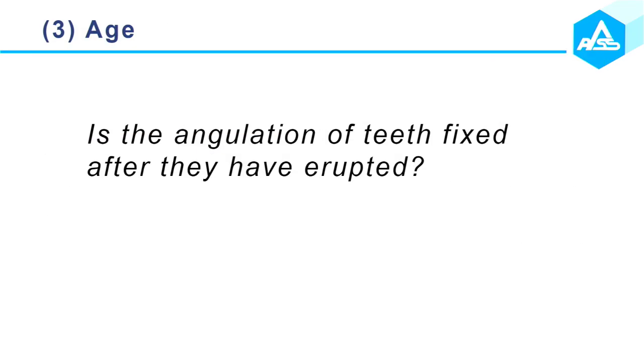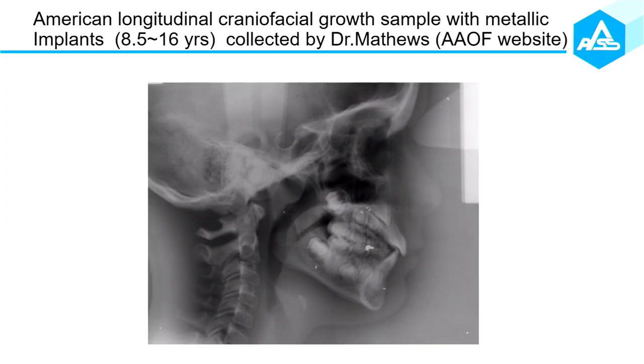Third one, H. Is the angulation of teeth fixed after they have erupted? We use the American longitudinal craniofacial growth sample with metallic implants collected by Dr. Matthews. You can find that on the AOF website. This is 8 years old.